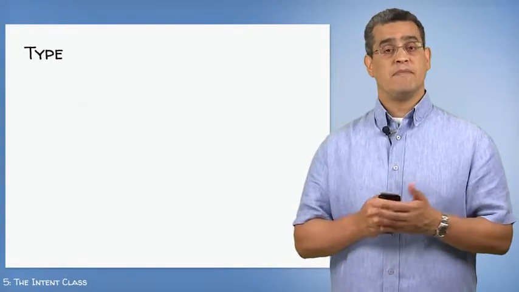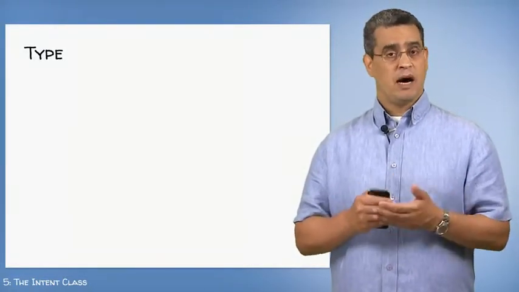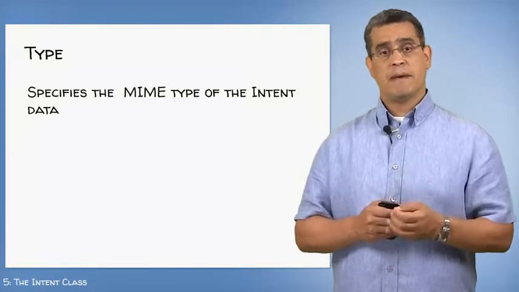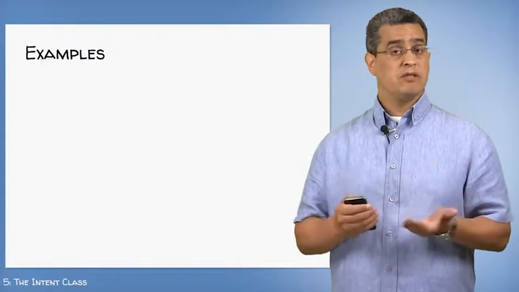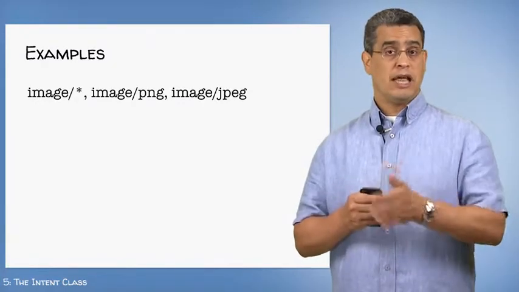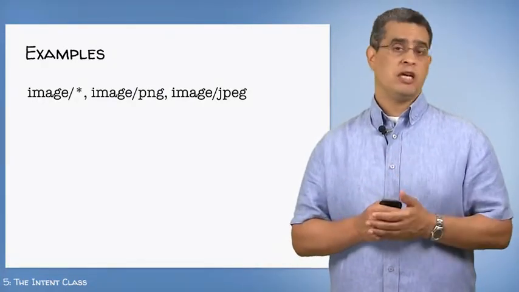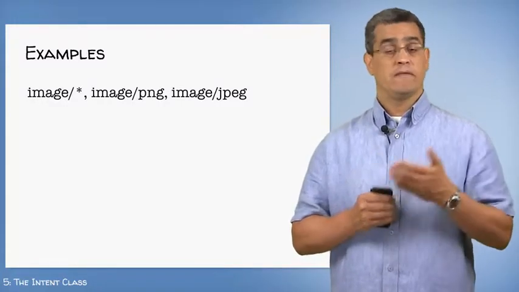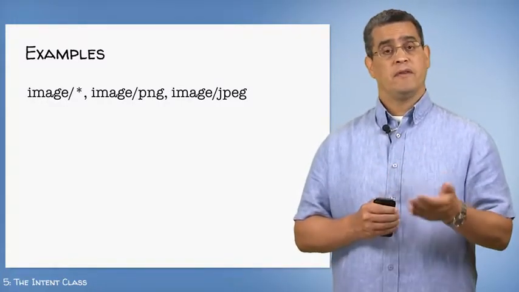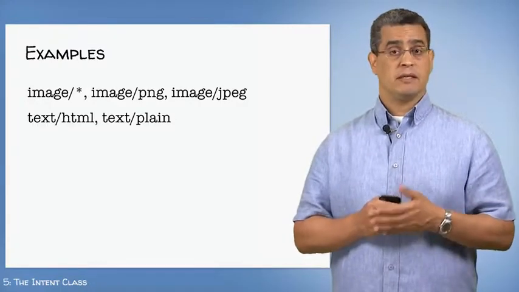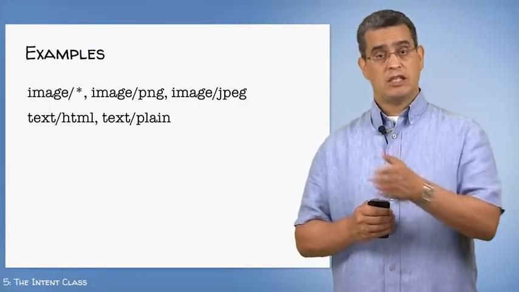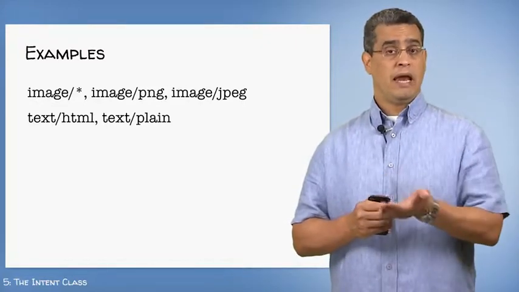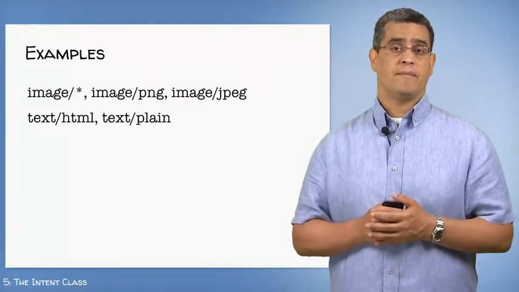Intents also have a type field, which specifies the MIME type of the intent's data. Some examples of MIME types include various image formats, things like image/png for PNG images, and image/jpeg or jpg for JPEG images. There are also various text formats, such as text/html for HTML text, or text/plain for arbitrary text data.